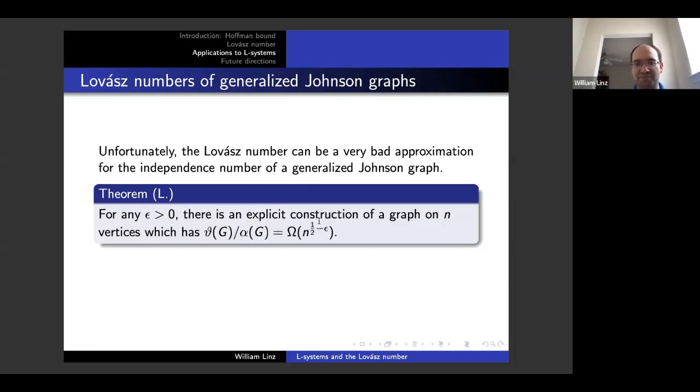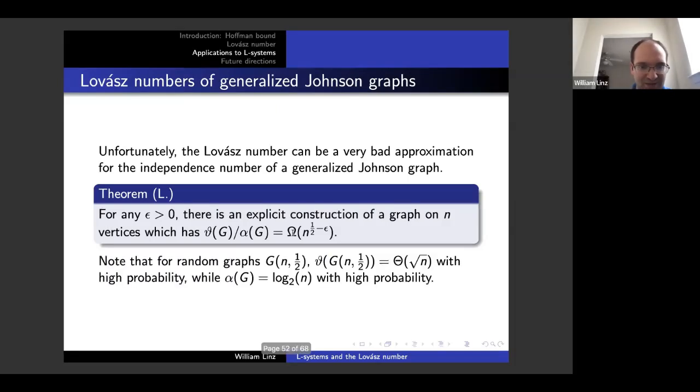For any epsilon bigger than 0, there's an explicit construction of a graph on n vertices whose ratio between the Lovász number and the independence number is at least on the order of n to the 1/2 minus epsilon. That's a fairly large ratio, and the interesting part is the explicit construction, which will be from a generalized Johnson graph.